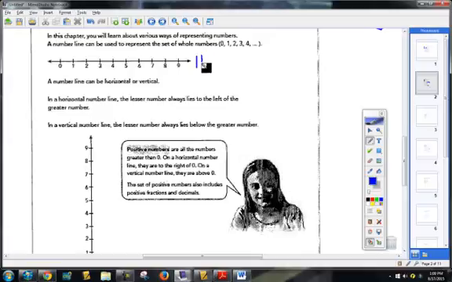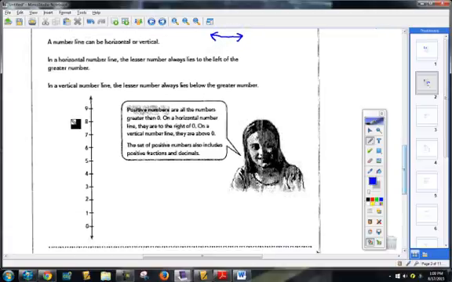This right here is called a horizontal, so we're going to go ahead and write that word. Remember, if I write it, you write it. Horizontal number line. Okay, so I always like to just write it like this. Horizontal is the one that goes side to side, and right here would be a vertical number line. Okay, vertical, which goes up and down.